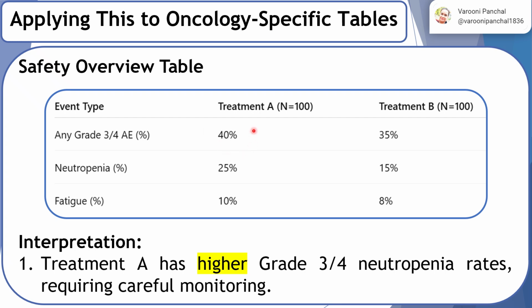So when you consume treatment A, the chances of neutropenia grade 3 and 4, which is severe and moderate, are high as compared to treatment B. In those scenarios, it requires careful monitoring, so the clinical study needs to be monitored carefully for these patients as compared to treatment B, right?